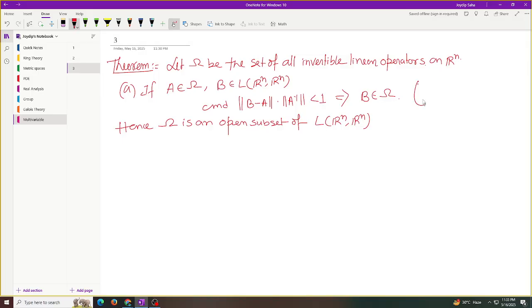If A belongs to omega, this implies the ball B(A, lambda) is a subset of omega, where lambda equals 1 by norm A inverse.